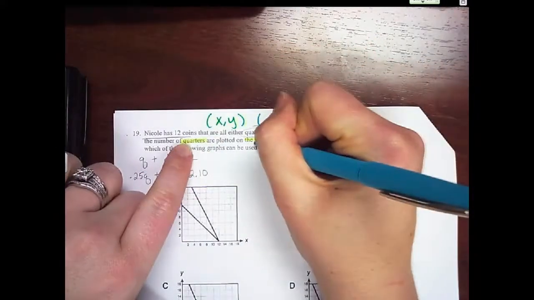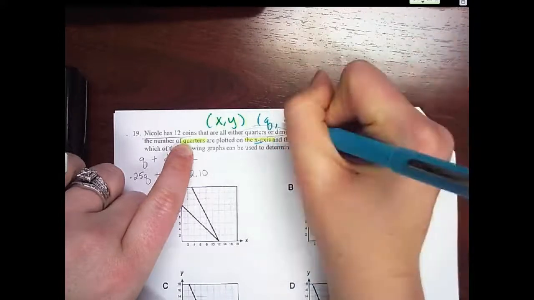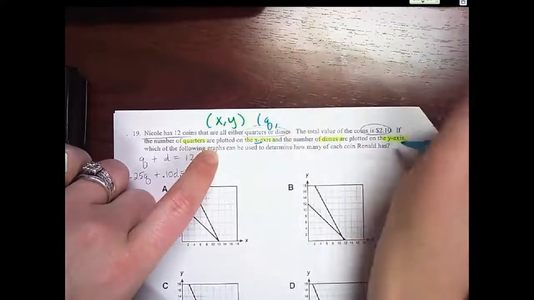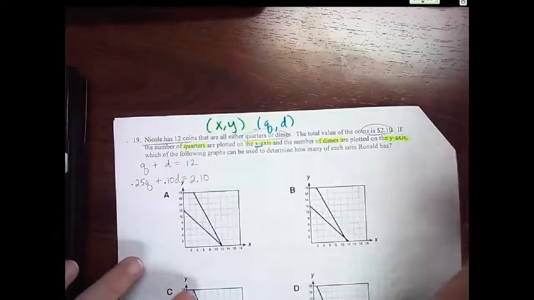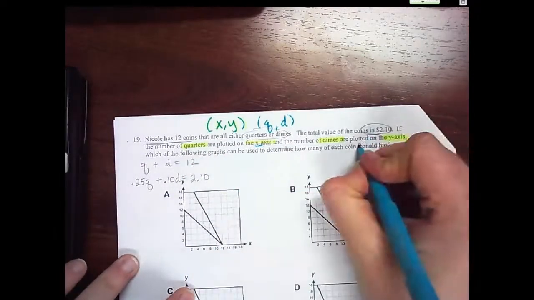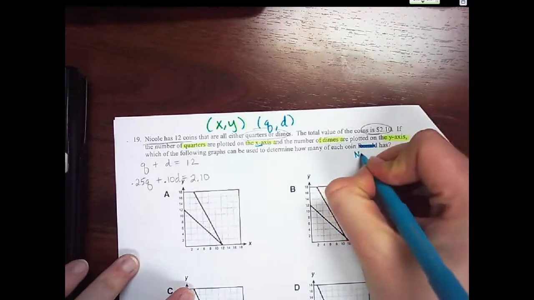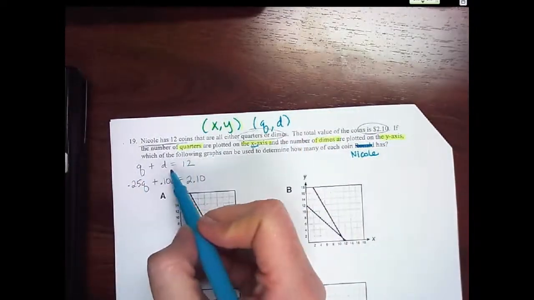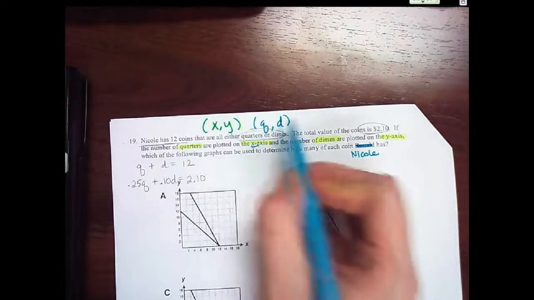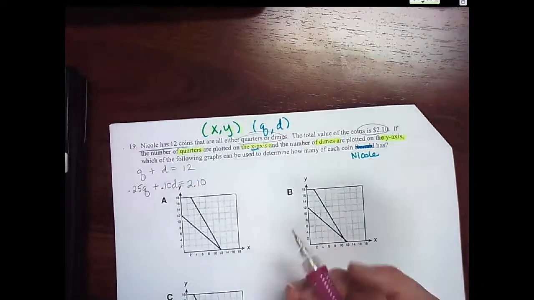So it's just saying quarters is the X, dimes is the Y. That's all that it's telling you. Okay, so all this other stuff that it talks about, let's cross that out because that should be Nicole. All it's telling you is just solve for Q and D and then just put it in this order. That's all it wants.